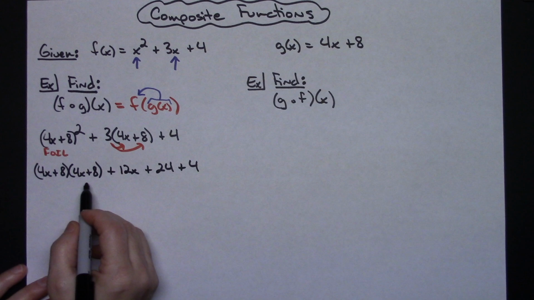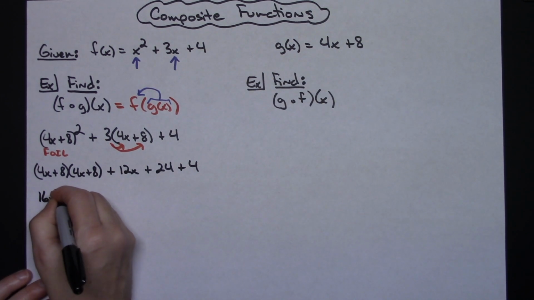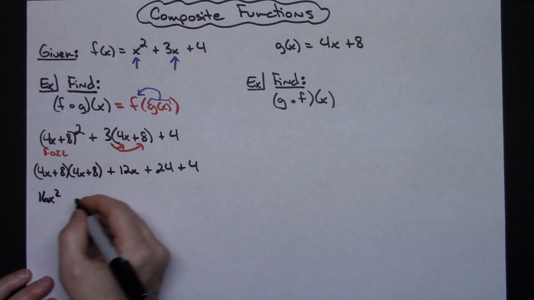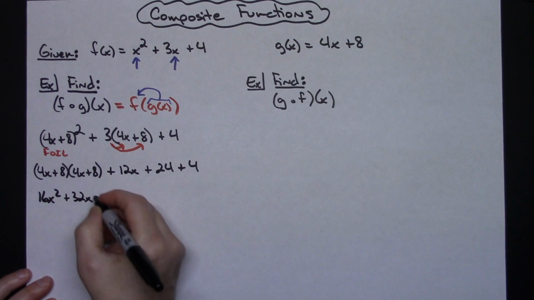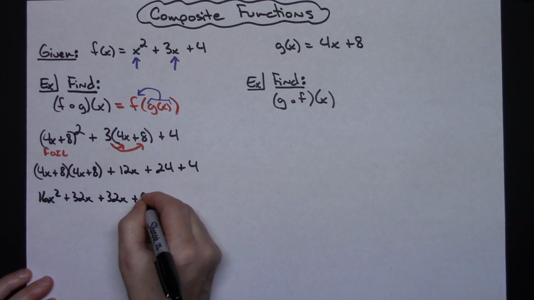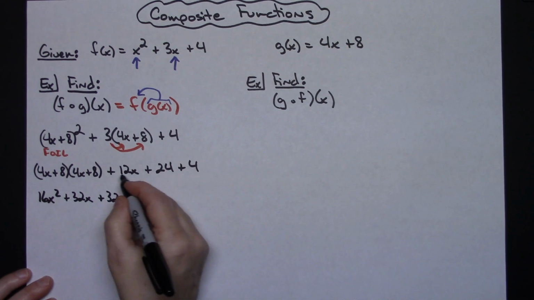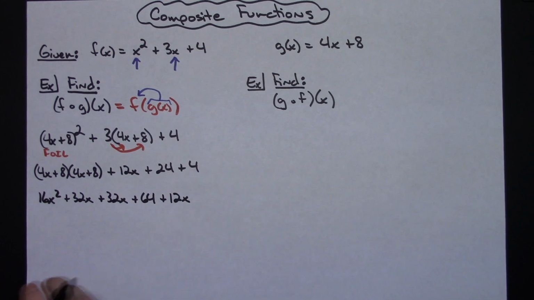Now I'm actually going to do FOIL here. First terms, we'll have a 16x squared. Outside terms, we're going to have a 32x. Inside terms, we will have another 32x. And last, we'll have a plus 64. Everything else here on the end, I'm pretty much just going to copy down, so I've got a plus 12x.